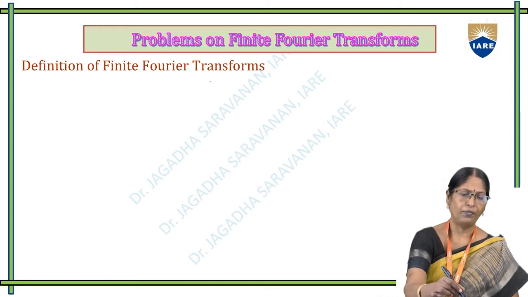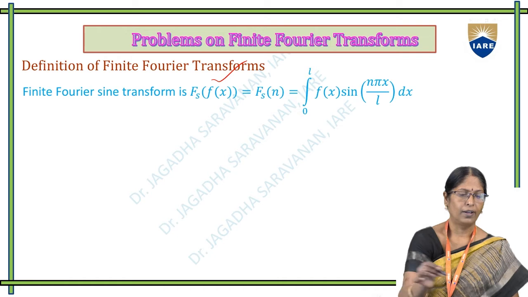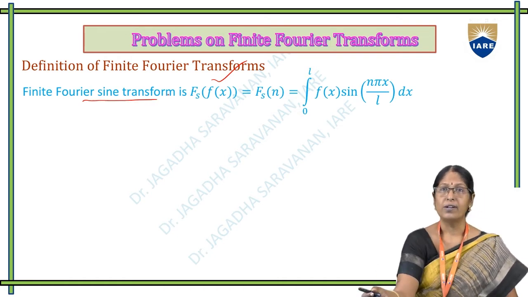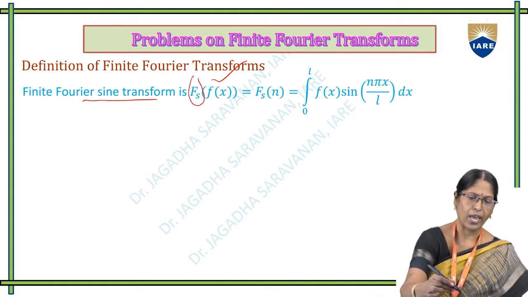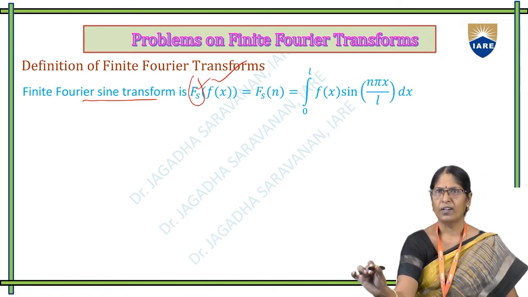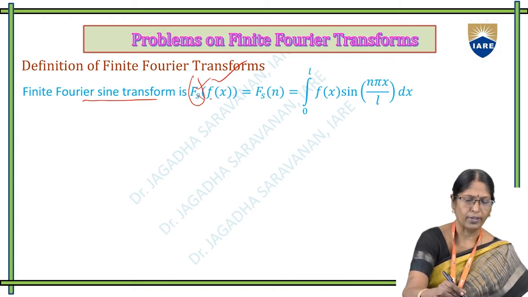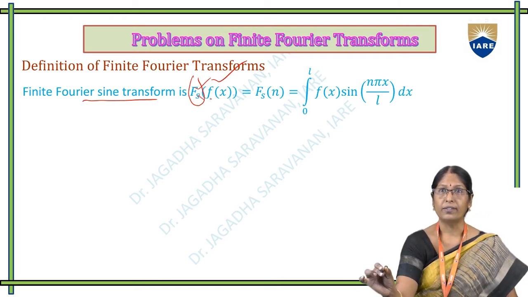Now, the definitions of finite Fourier transforms. Regarding finite Fourier transforms, what are the related formulas? First, finite Fourier sine transform, that is, capital Fs. Here, capital F represents Fourier transform. The small s represents Fourier sine.